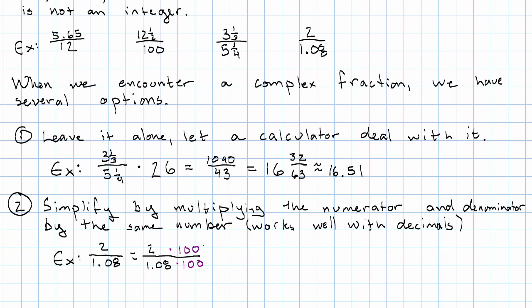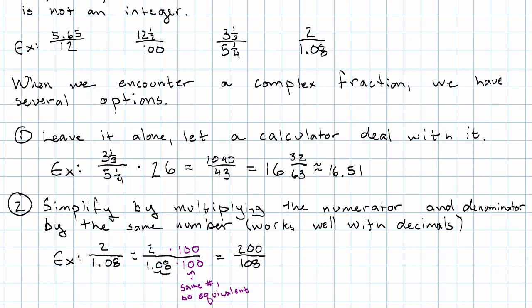Of course, we can get an equivalent by multiplying the numerator and denominator by whatever we like, as long as it's the same thing. Why choose 100? Well, 100 is easy to multiply by. And when we multiply a decimal by a power of 10, that has the effect of moving the decimal point. We chose 100 because that gave us whole numbers in both the numerator and denominator.